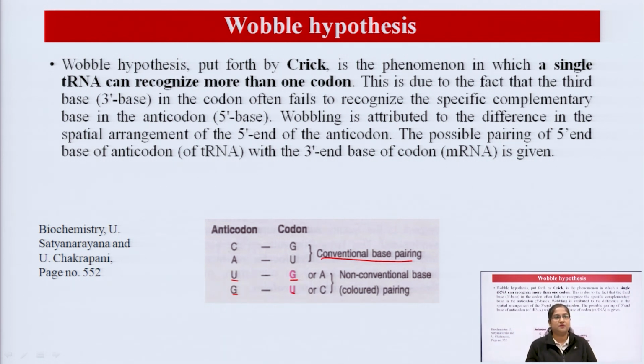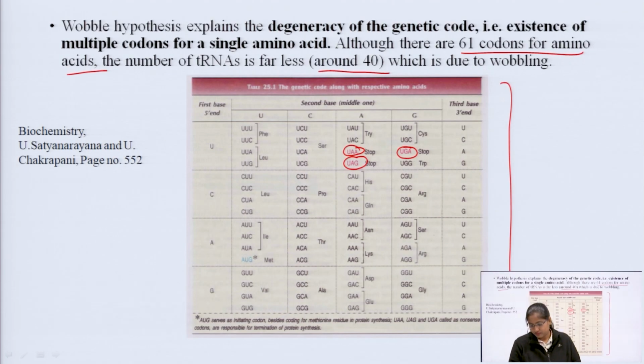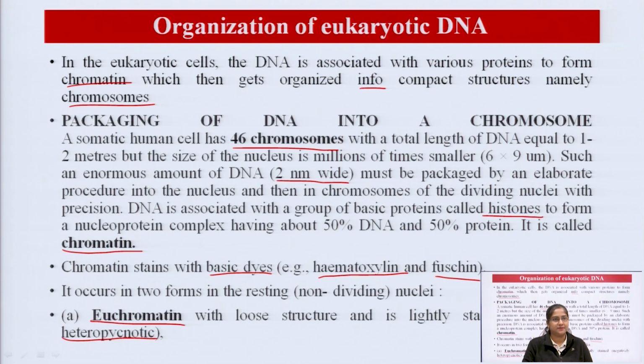In the non-conventional one, he says that uracil will bond with guanine and guanine with uracil as well. These are the Wobble hypothesis, in which there are 64 codes. 3 codes are nonsense codes, and the rest 61 code for 20 amino acids.